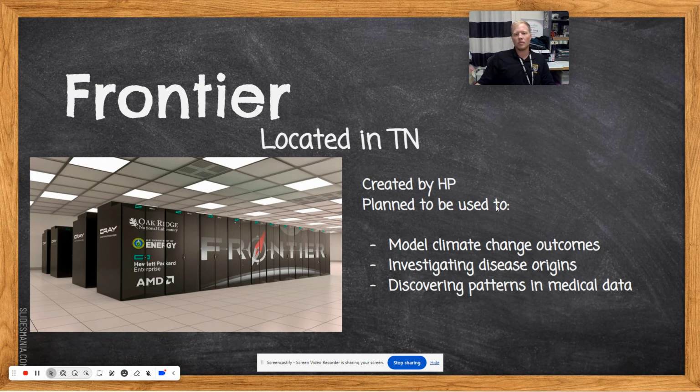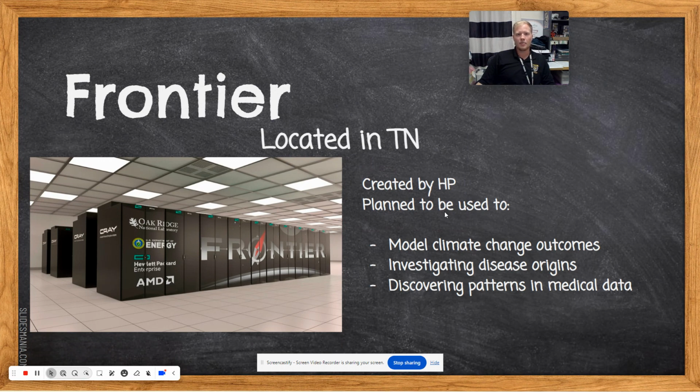It is currently being used for a wide variety of things. If you look it up right now, it will actually give you a lot. So like modeling the Milky Way, if you're talking about deep space and different things like that. But some things it does is it'll model climate changes and potentially different outcomes, investigate disease origins, such as with COVID, and patterns in medical data.